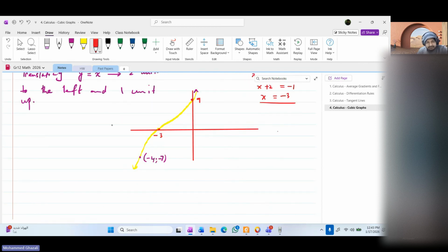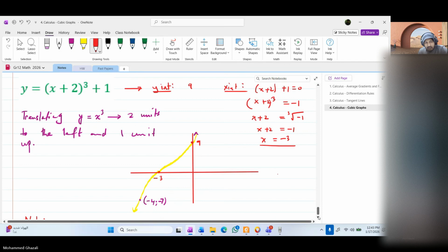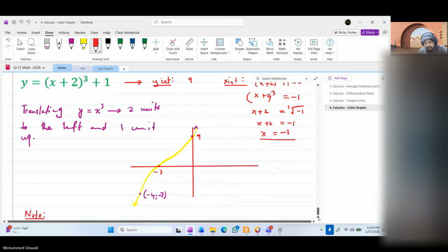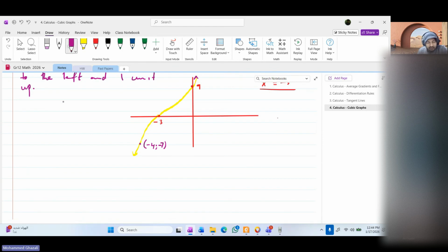Note, this is another form of a function, which is represented y is equal to a into (x plus p) all squared plus q.